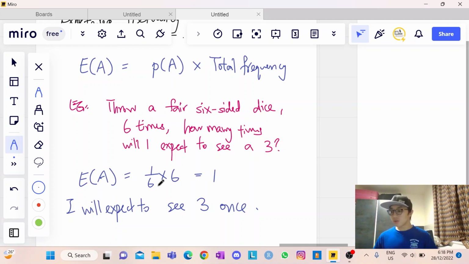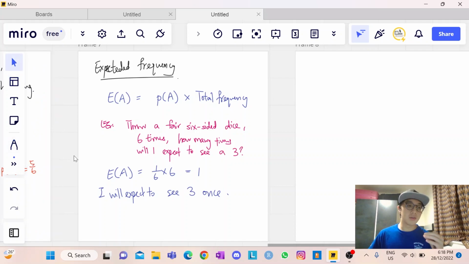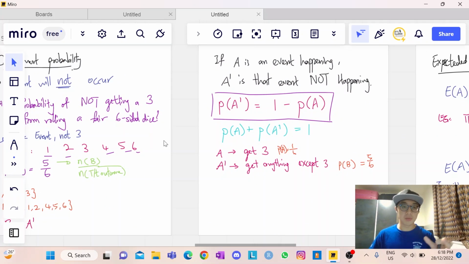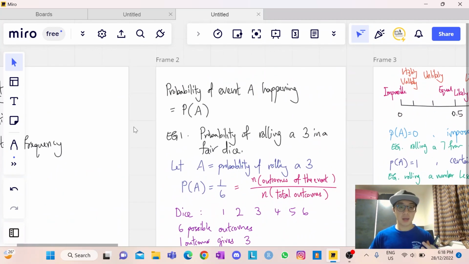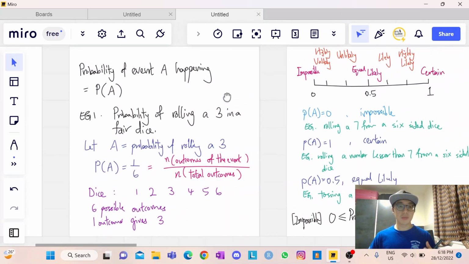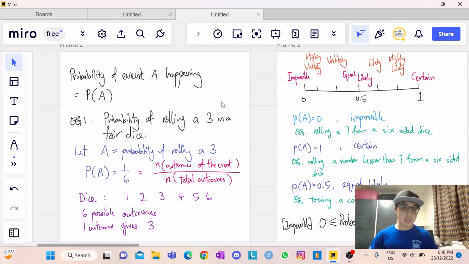So I hope you guys actually get a little bit of an introduction to probability throughout this video. Just as a recap, I believe it's a long one. The probability of an event A you can denote by P(A), and it will be the number of outcomes of that event divided by the number of total outcomes.